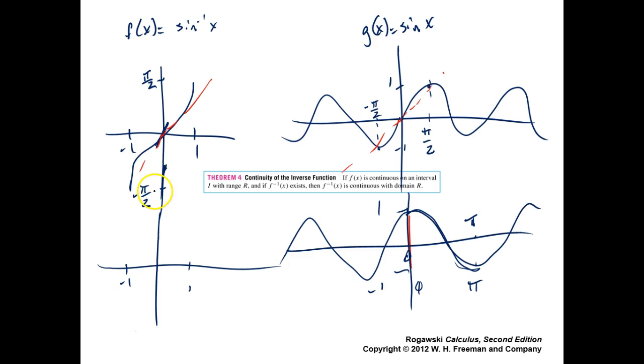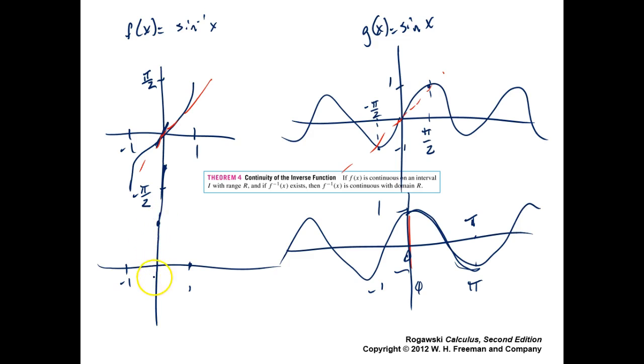Now, this always drives me nuts doing this. Let's take the point 0, 1, and that'll correspond to 1, 0. Remember, inverse function flips those. And when you do pi halves, 0, that means 0, pi halves.